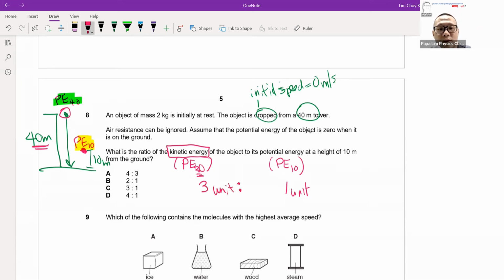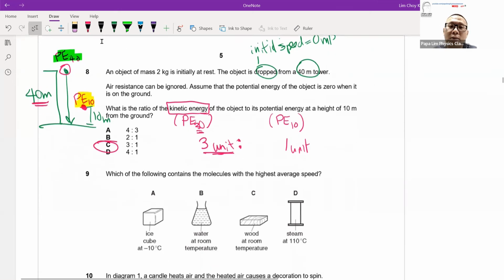So the ratio of kinetic energy to potential energy will be 3:1. It's a simple but interesting question to look at conservation of energy without doing any calculations.